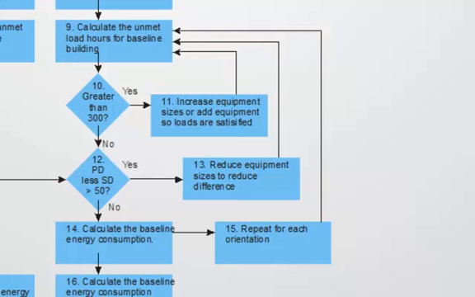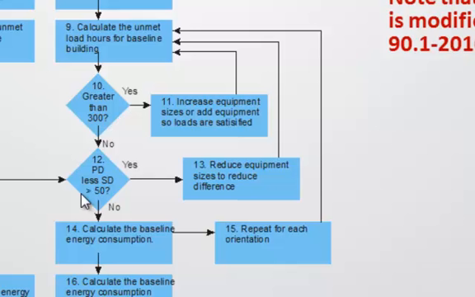But the next step, step 12, is kind of an interesting one. What you do here is you check to make sure that the unmet load hours in the proposed design are not 50 hours or more greater than the baseline building.